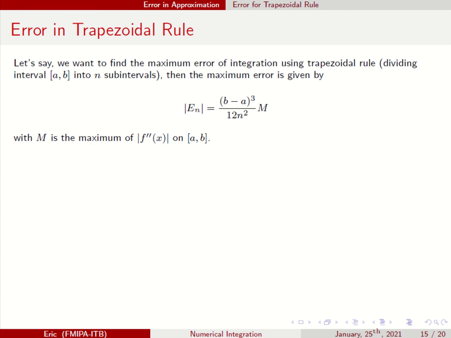Okay, so the error in the trapezoidal rule. Let's say we want to find the maximum error of integration using the trapezoidal rule, dividing the interval a to b into n subintervals.